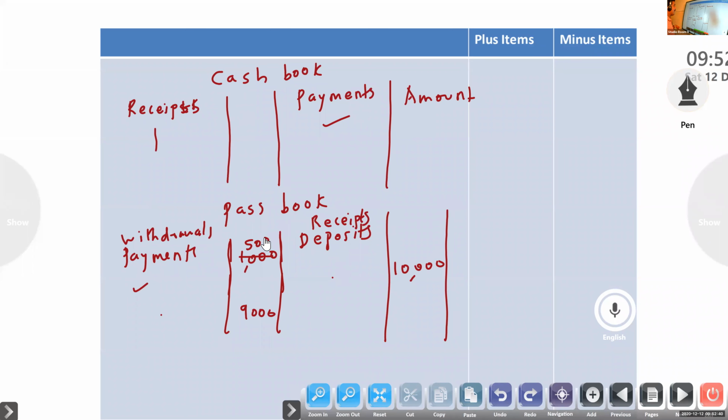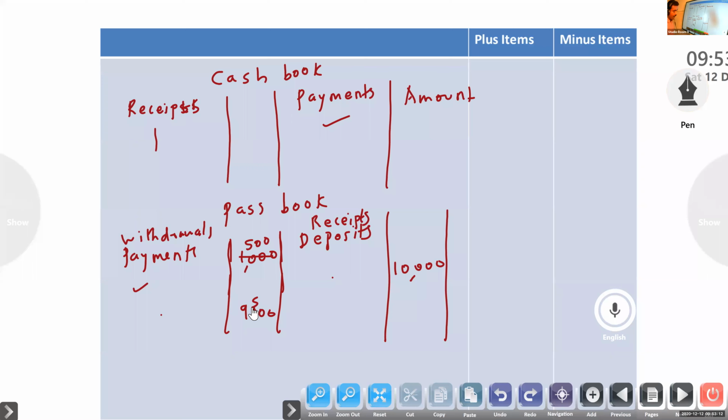Undercast withdrawal column means our passbook will increase. In the first case, we wrote the payment 2 times, so our balance will be less and the passbook will decrease. But here the withdrawal column of the passbook is undercast. Correct is 1000, we wrote only 500, so our passbook will increase.